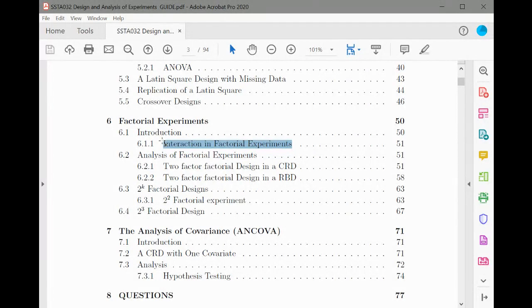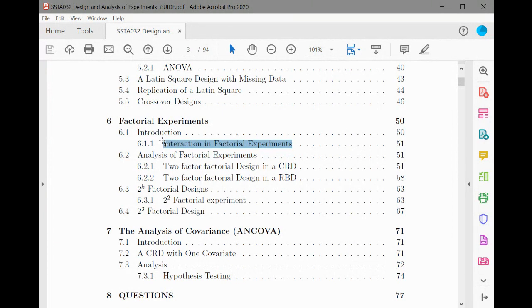Remember, with Mr. Ball, you managed to do block by treatment interaction. So some of the sections here are related to what we have covered before.